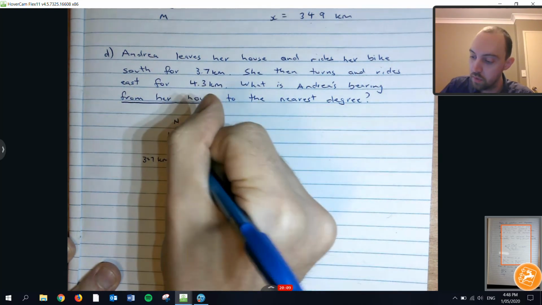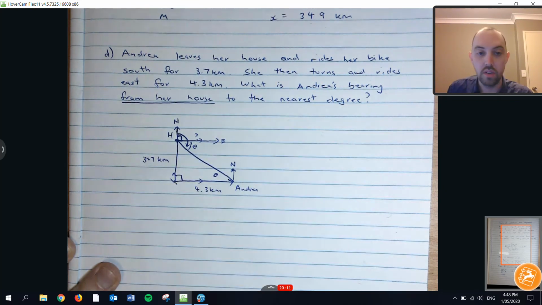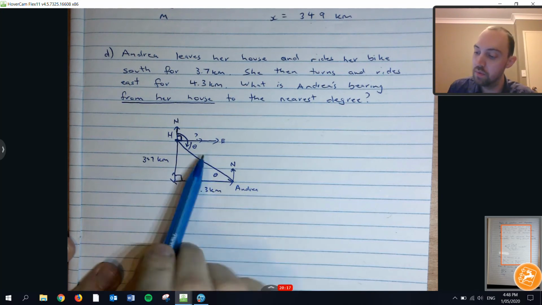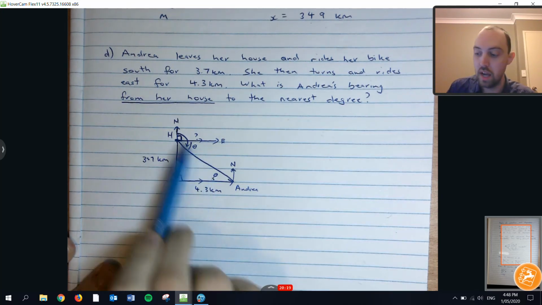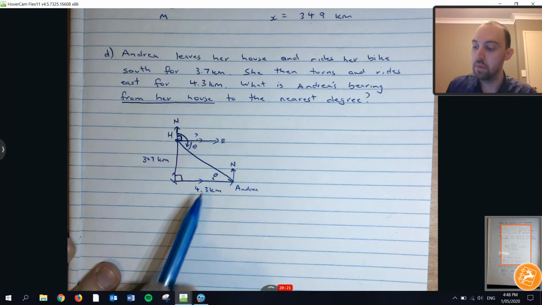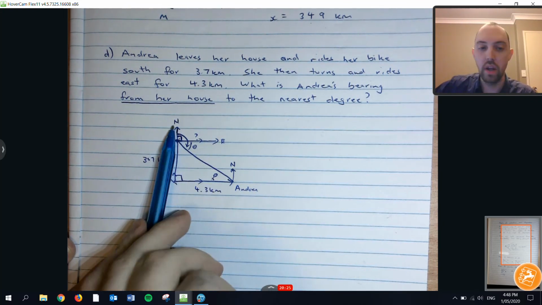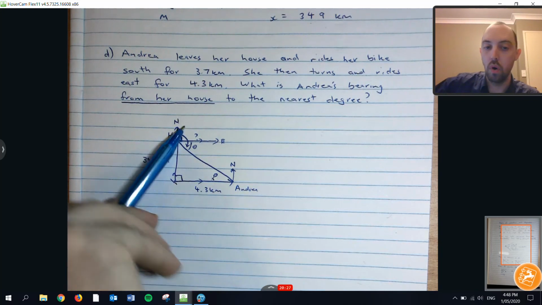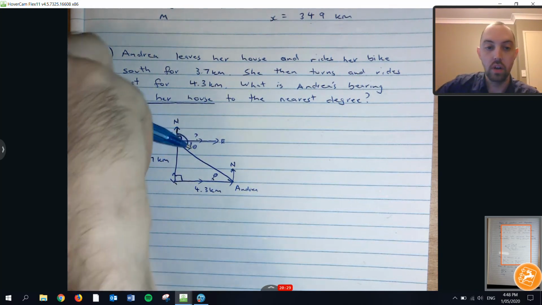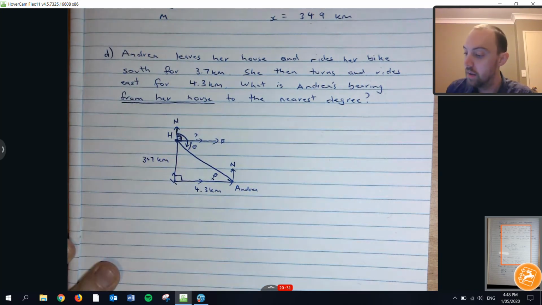And this between north and east again is 90 degrees. It's getting a little busy as a diagram, but we shouldn't need to add anything else. If we can find out what theta is here, we add the 90 degrees, and we should be able to find the total bearing, the angle from north all the way around to Andrea there.